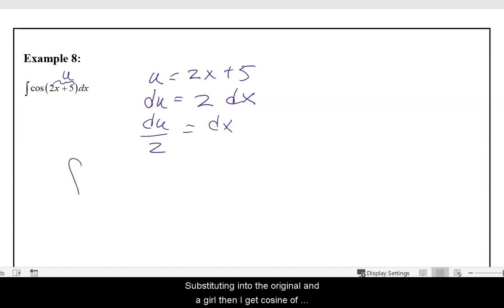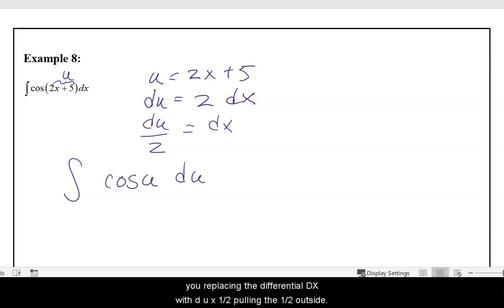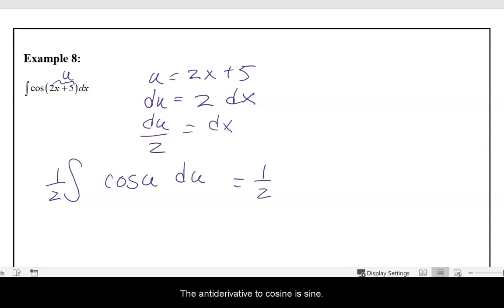Substituting into the original integral then, I get cosine of u, replacing the differential dx with du times 1/2, pulling the 1/2 outside. The antiderivative to cosine is sine. This gives me 1/2 sine of u plus c.